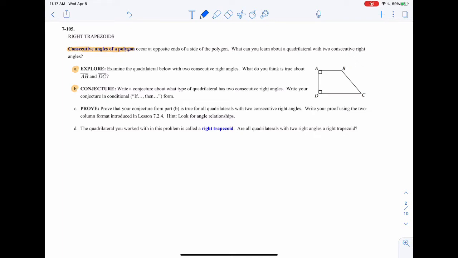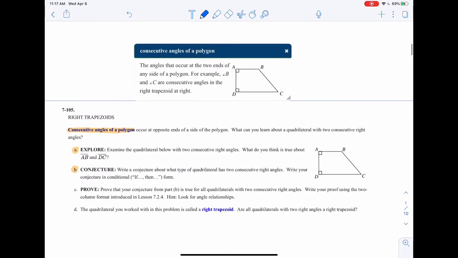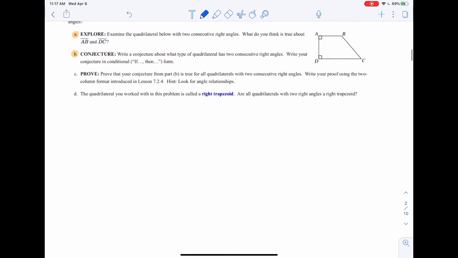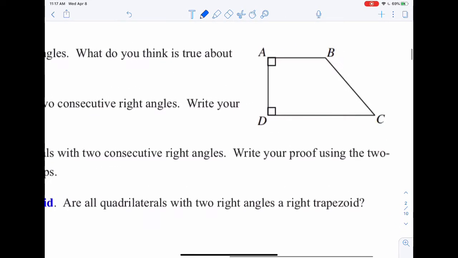So by now, hopefully you read through this in the ebook. You clicked this link and you saw that consecutive angles of a polygon are defined by what's written in this box. And so A asks us to explore this quadrilateral, and based on the fact that these consecutive angles are right angles, what must be true for sides AB and DC?